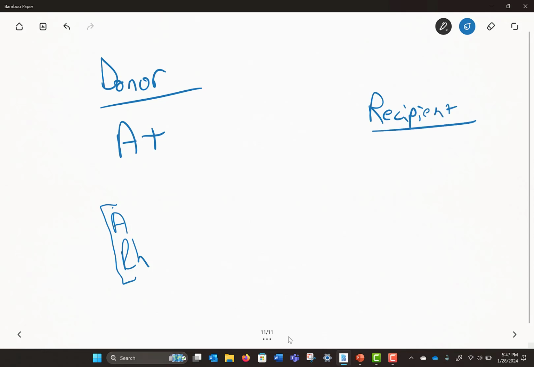Can they donate to A negative? No, because the A negative does not have Rh antigen. They can donate to A positive. They can donate to AB positive. And that's it. Because anything else that they donate to, they would be introducing a foreign antigen. They would either be introducing A or they would be introducing Rh.